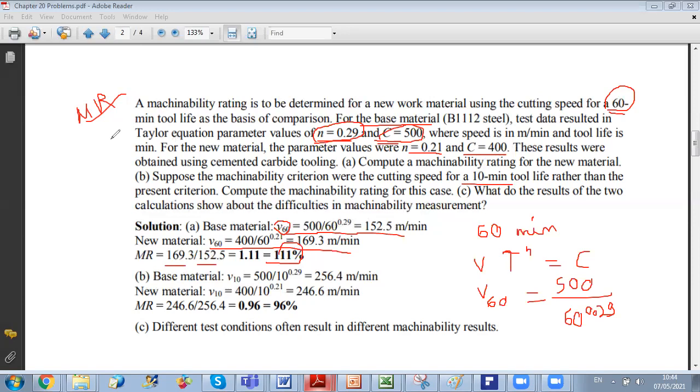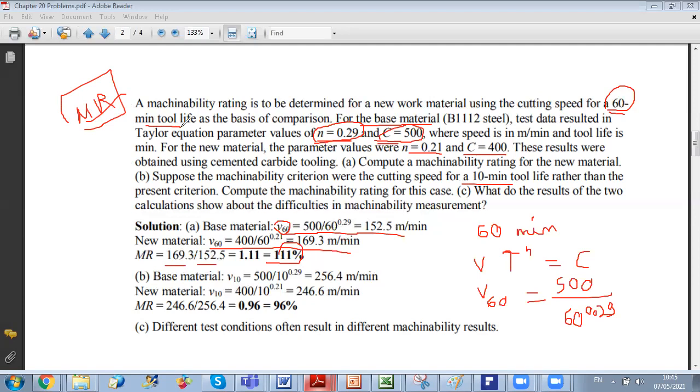The machinability rating is a subjective estimation because it depends on the tool life that you are investigating. So for different tool lives, the comparison between materials will not be the same. We should just pay attention to this.